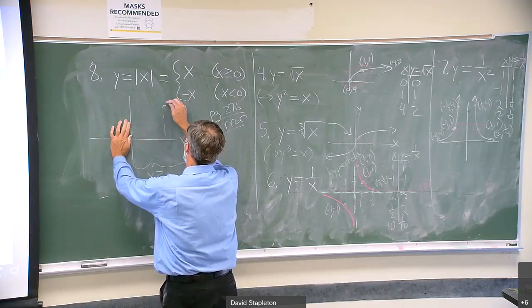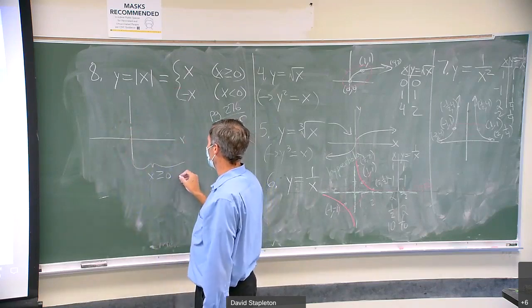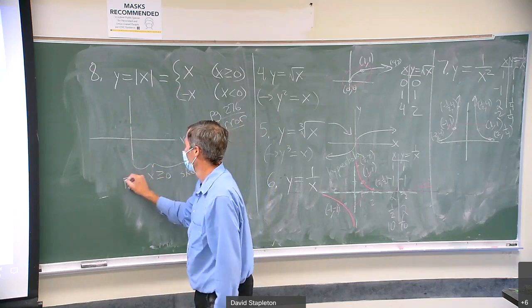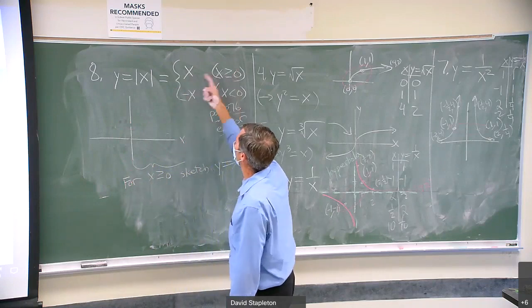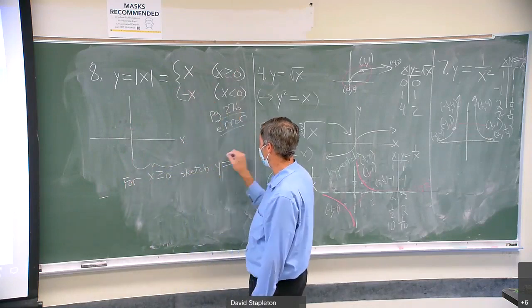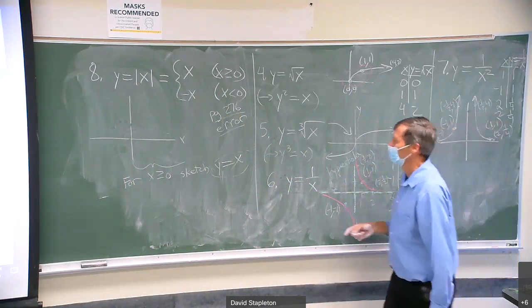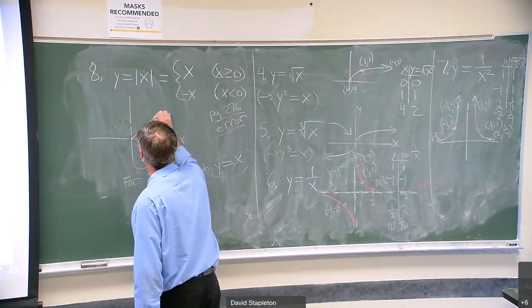It's always non-negative in the right half plane. There we sketch y equals x, right? If x is greater or equal to 0, then y is x. It's the line that splits the two axes and looks like this. So we sketch this.